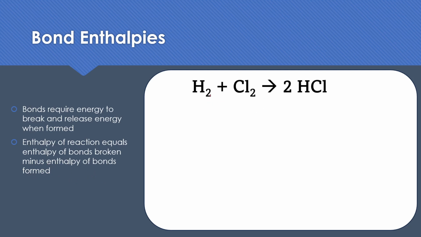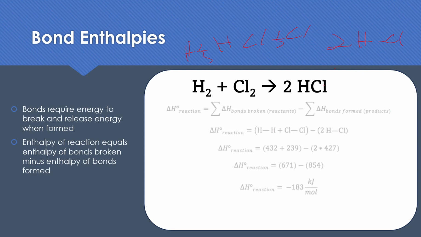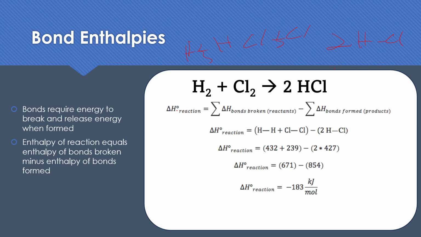All right. So let's take, for instance, hydrogen gas plus chlorine gas giving me 2 HCl. So I'm breaking 1 hydrogen-hydrogen bond and 1 chlorine-chlorine bond, and I'm forming 2 hydrogen-chlorine bonds. So the delta H of the reaction, the enthalpy of the reaction, is the sum of the bonds broken from the reactants minus the sum of the bonds formed, which is the products.